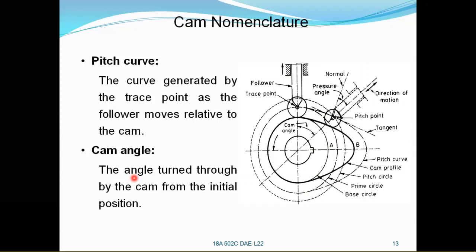And the angle of descent, when the follower is moving from the topmost position to the lowermost position due to the rotation of the cam. And angle of dwell, the angle rotated by the cam during its stationary period. These are the three types of cam angles.